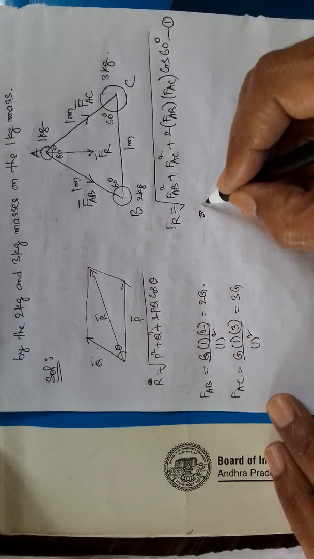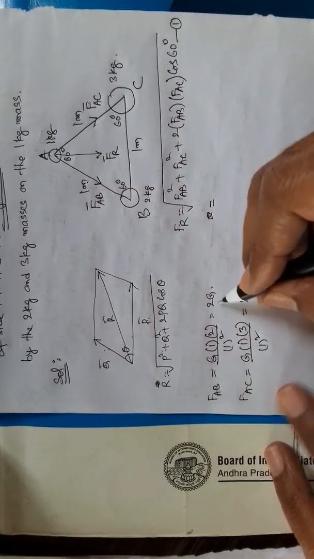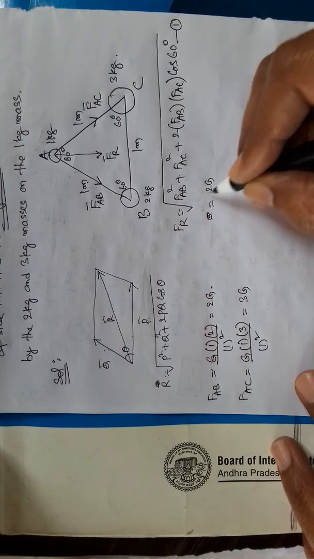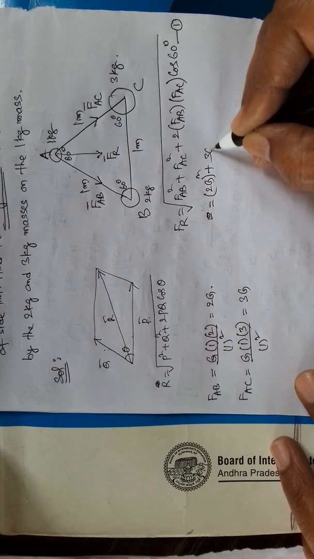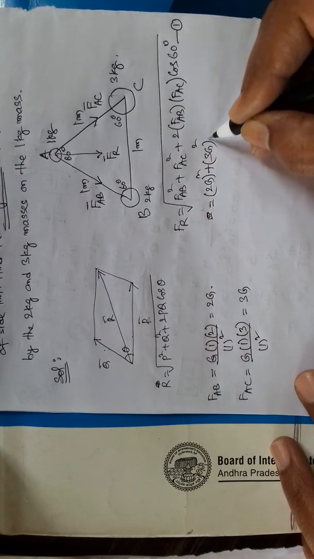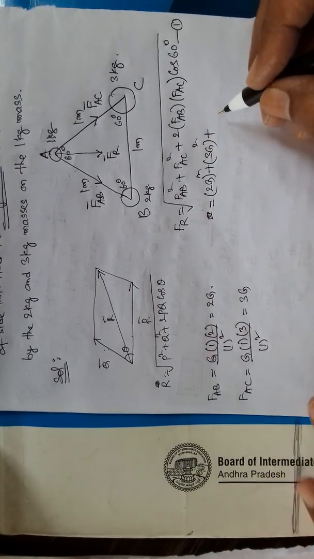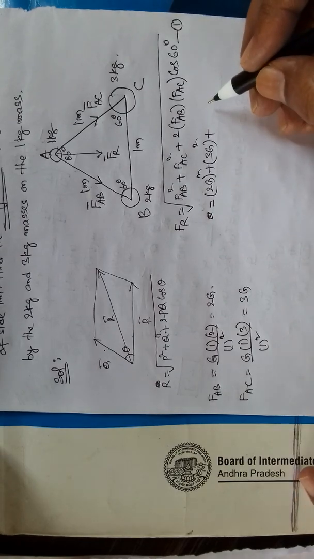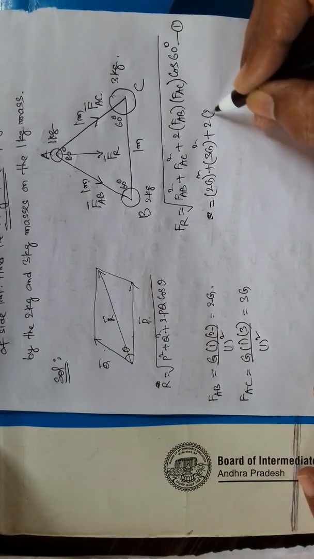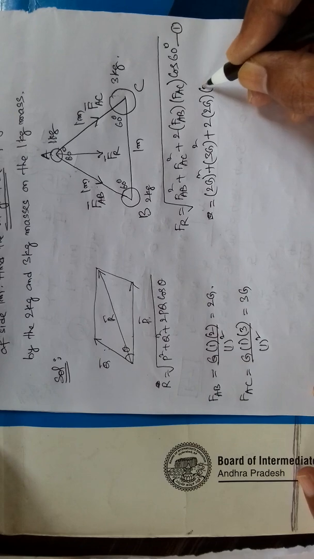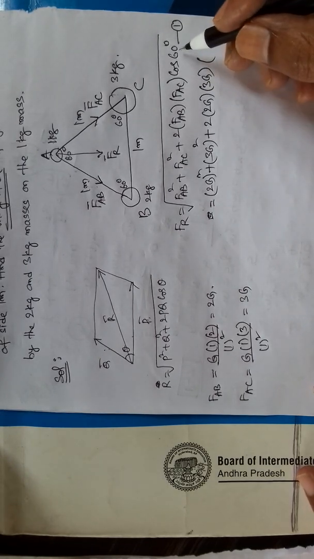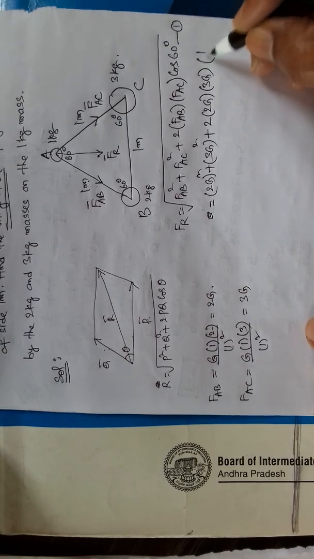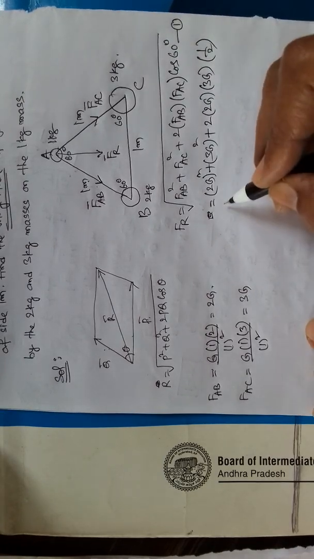So substituting the values here, FAB means 2g, so 2g square plus 3g square plus 2 into 2g into 3g cos 60, which means sin 30, that is 1 by 2, under root.